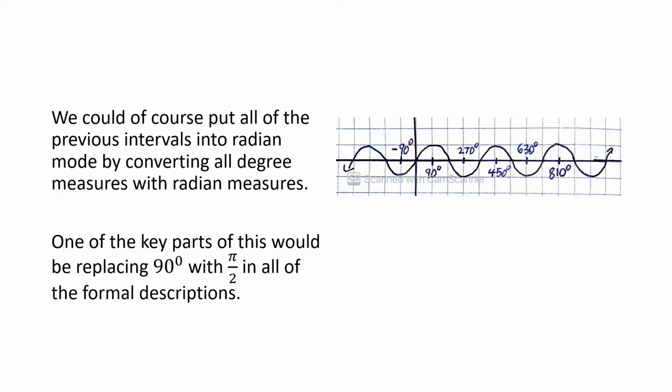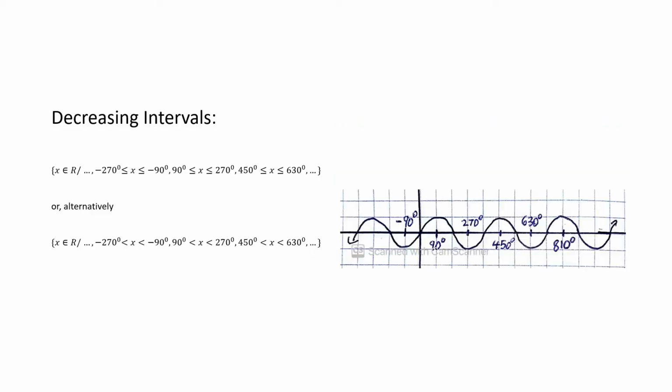Okay, now we could of course put all those intervals into radian mode by converting all degree measures with radian measures, and you might recall that 90 degrees is equal to pi over 2 radians. For decreasing intervals, a very similar process would occur. Negative 270 degrees is right here, and negative 90 degrees is right here. That's a decreasing interval because it goes down to the right.